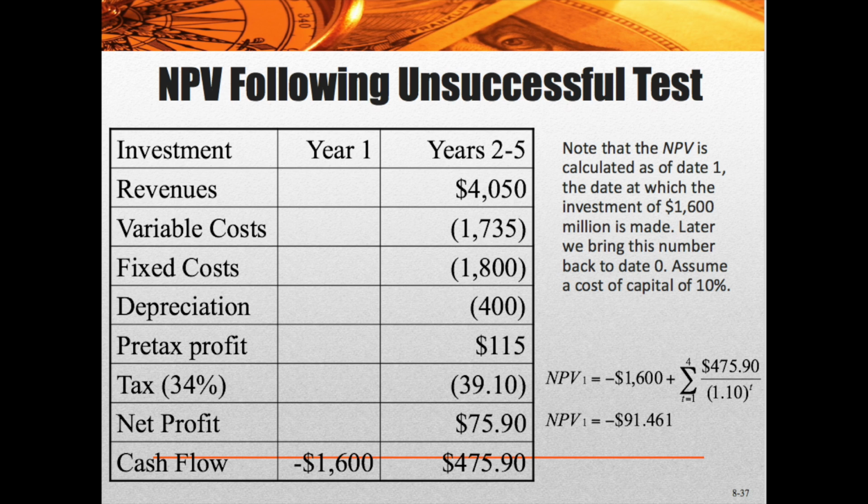Well, if you have 75.90 going forward, and we add up that cash flow for the 4 time periods, and we subtract out the $1.6 billion that it's going to cost to develop the factory, to build the cure, package and sell the cure, we find out that the net present value is negative $91 million.